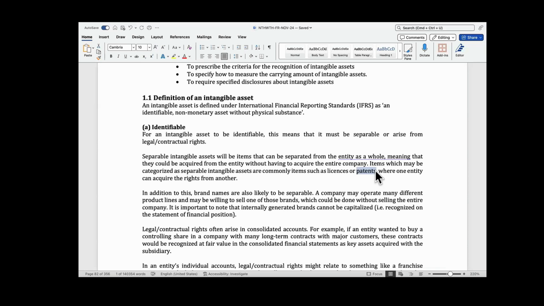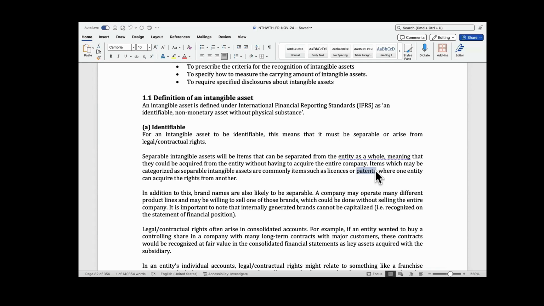So people would always direct the origination to you. When you have that patent, you can decide to sell it. So you see, either license or patents, they are intangible. They are not something you would see with your eyes, but you can actually sell them. So they are actually separable.